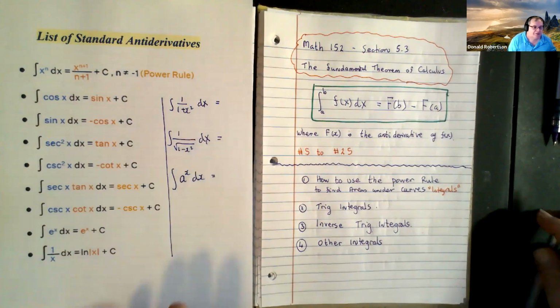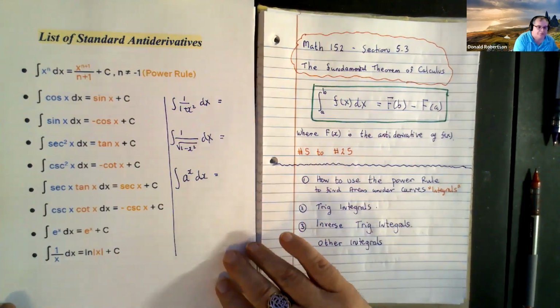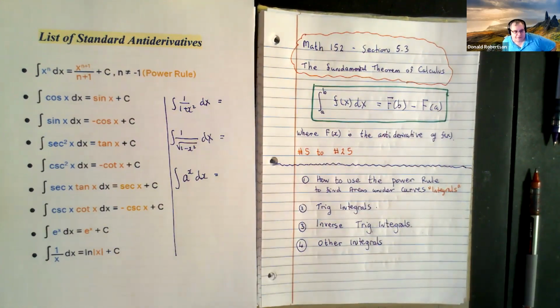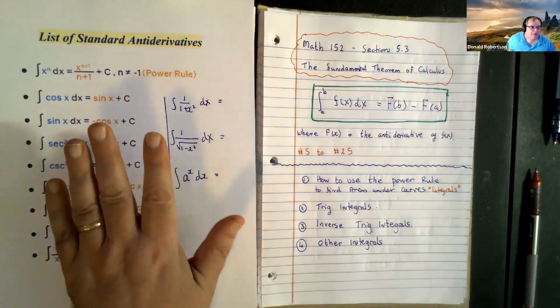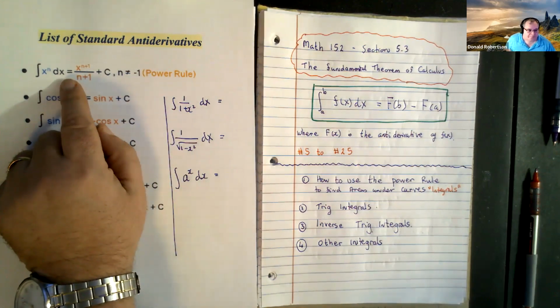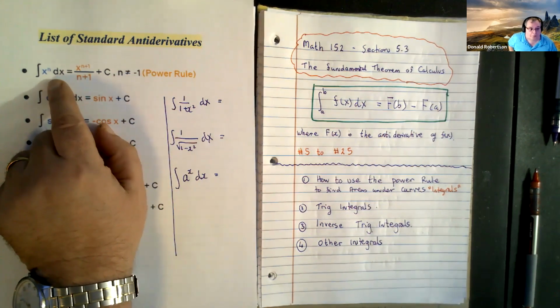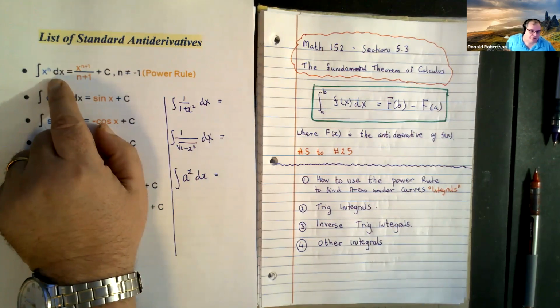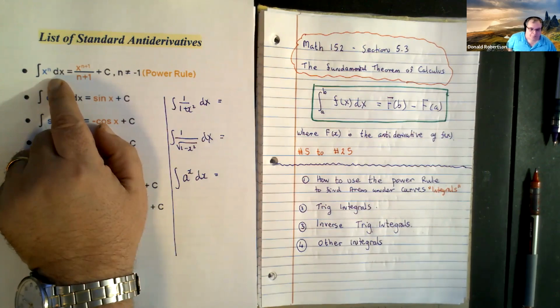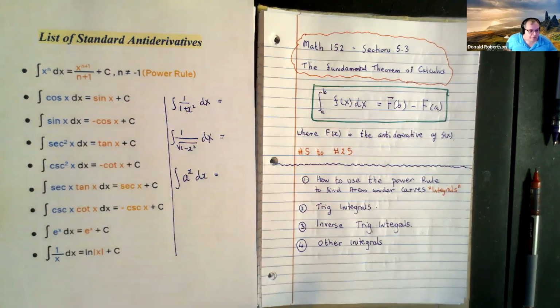Over here, I have a list of some standard antiderivatives. This piece of paper is a PDF in Canvas, so you can actually go and print it yourself. This top one is called the power rule, and basically it allows us to find the antiderivative of any power of x that you could think of.